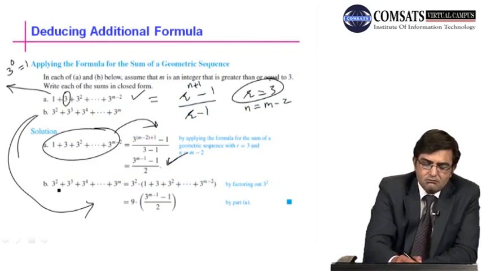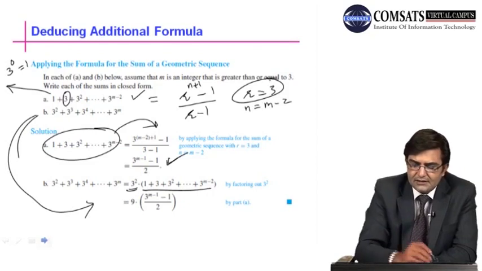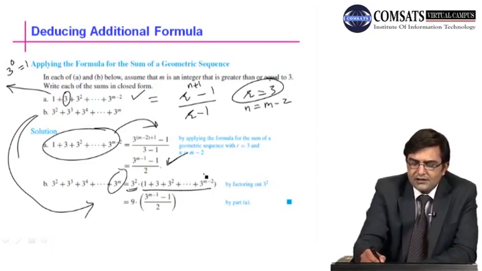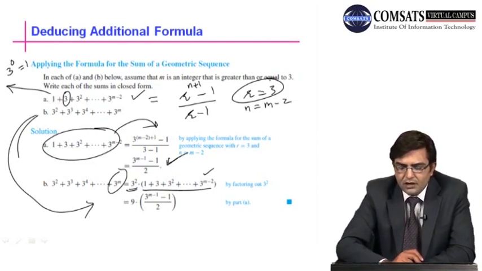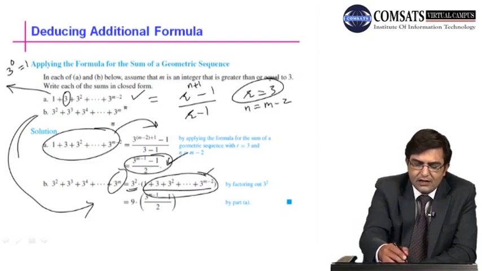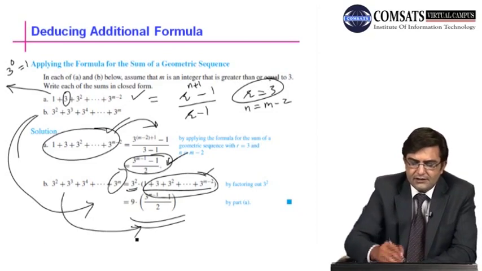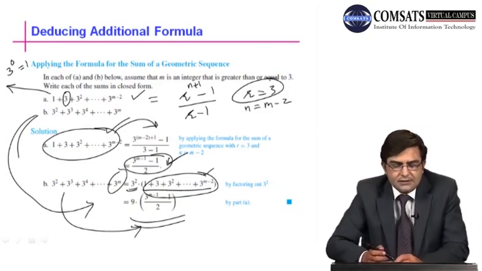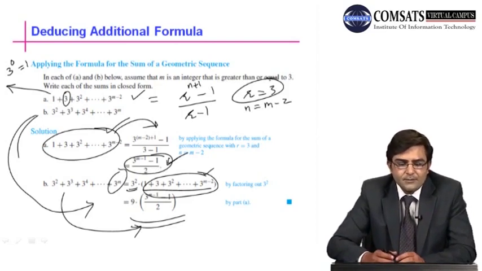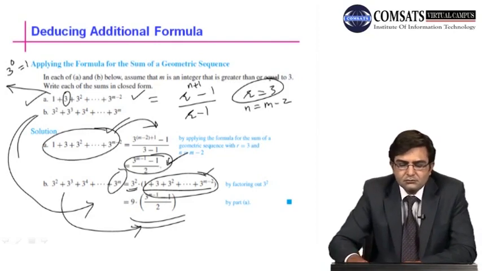So we take common 3 power 2 here, and the resulting series is this. Here we have 3 power m; when we take out 3 power 2, we get 3 power m minus 2. So inserting the same sum we have calculated for this expression, we get the sum of the required series. This is how we can use the geometric series to find the sum of expressions like this.